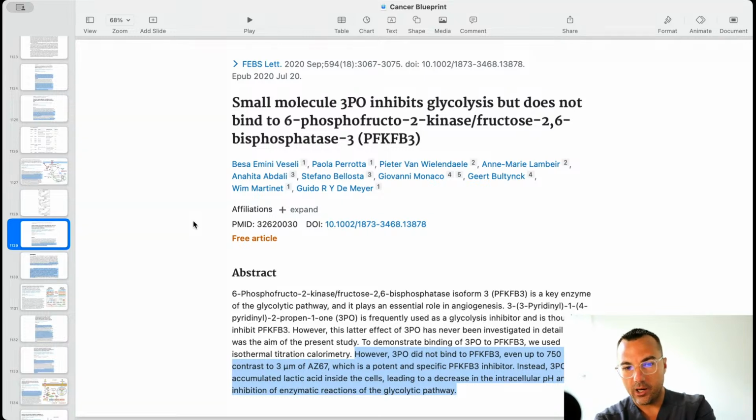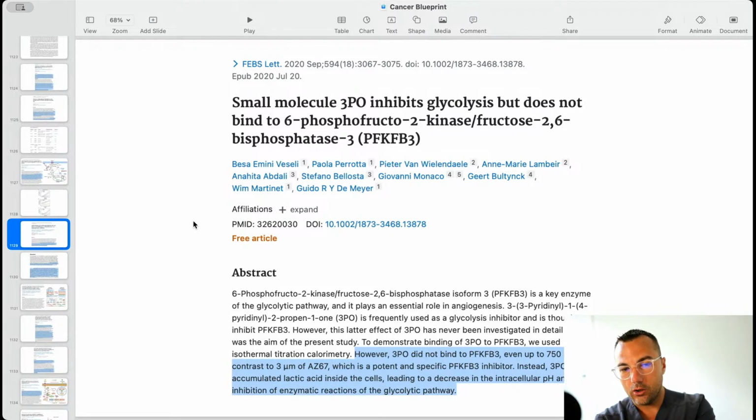And it says here, however, 3PO did not bind to PFKFB3, even at 750 micromoles, which is much higher than the concentrations they were talking about in that last paper, in contrast to 3 micromoles of AZ67, another possible runner for an inhibitor for this particular enzyme, which is a potent and specific PFKFB3 inhibitor.